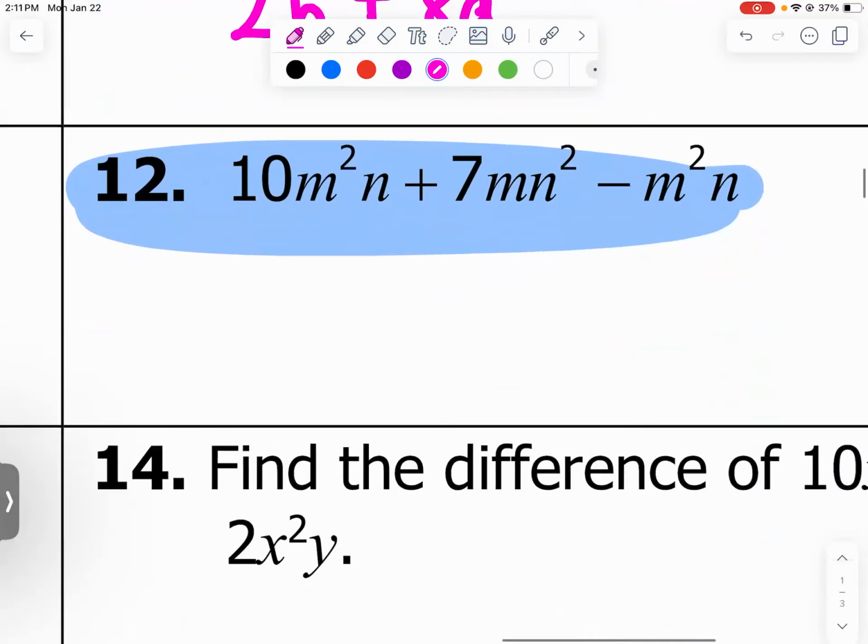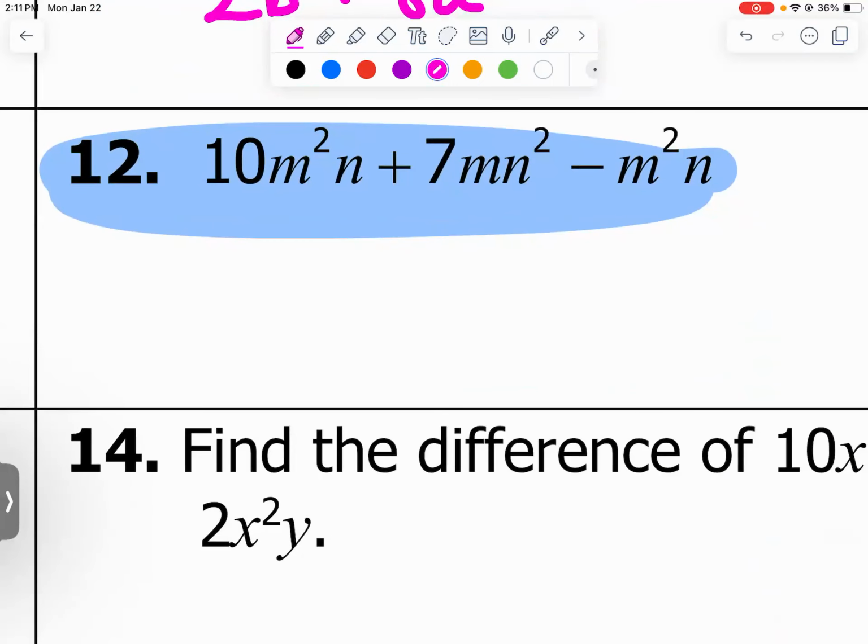Now number 12, I really like number 12. Brooks, why do you not? Okay, so are all 3 of those like terms? No. Notice how this one is m squared n. Is this m squared n? No. Is this m squared n? Yeah.